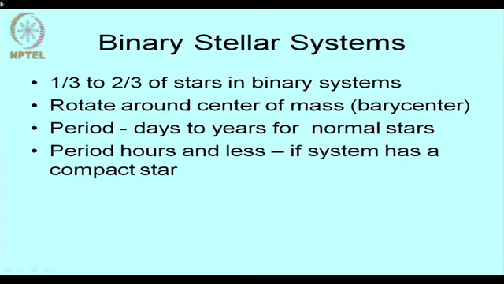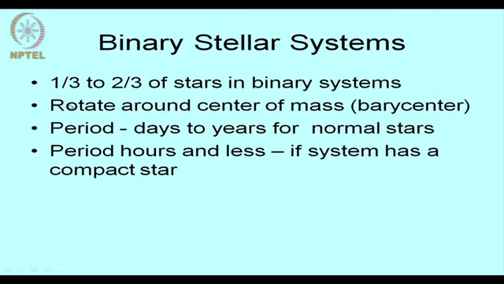So, we have learned about our solar system, and in our solar system there is only a single star, the Sun, and we have all the planets revolving around the Sun. So, our system is obviously not a binary system. So, the question arises, why are we so interested in binary stellar systems where you have two stars? Well, let me give you some motivation for this.